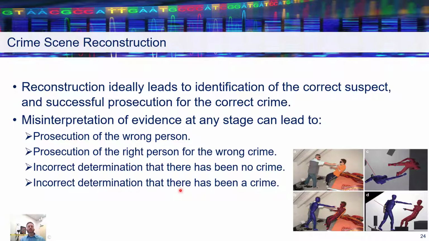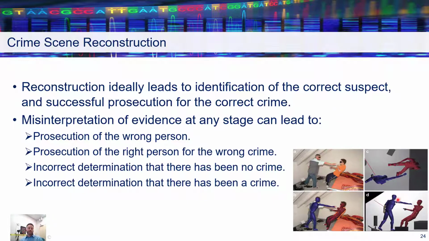Now, physical evidence left behind at the crime scene plays a crucial role in reconstructing the sequence of events surrounding the crime. Analysis of all available data will help to create a workable model for reconstruction, while misinterpretation of evidence at any stage can lead to the most serious issues, such as prosecution of the wrong person or prosecution of the right person for the wrong crime.